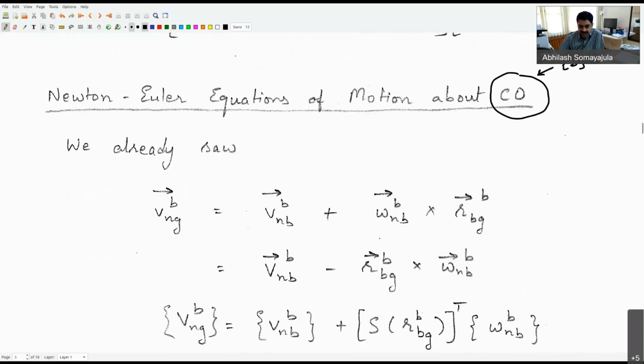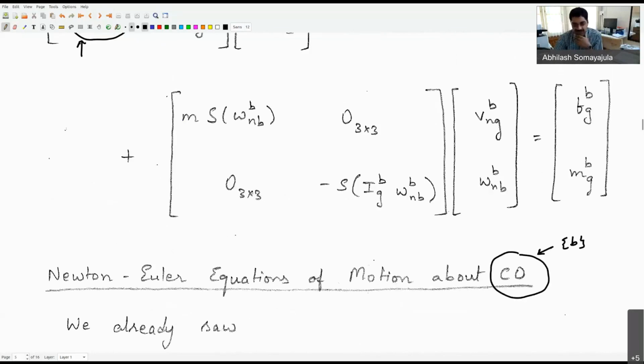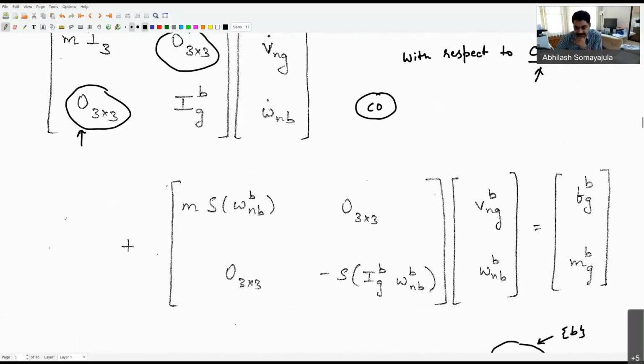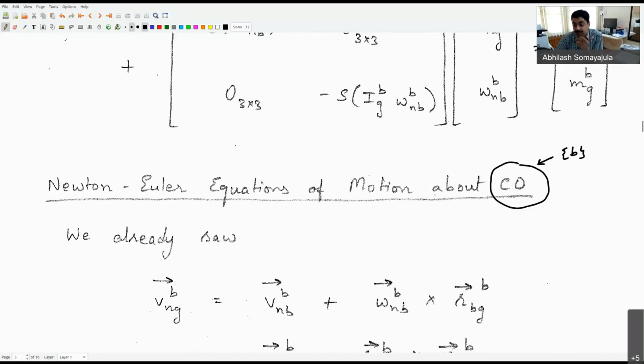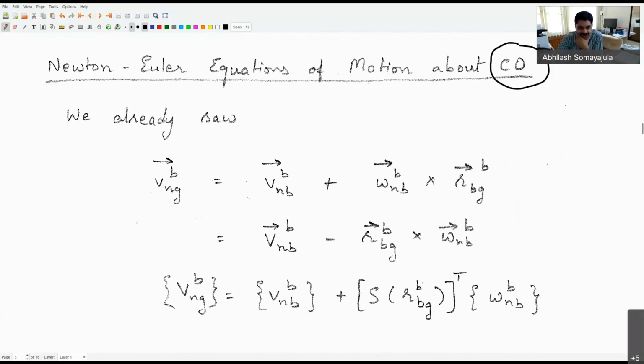All right, so our target today is to look at how we can transform those same equations of motion into ones about the body fixed frame. We already saw that the velocity of the center of gravity with respect to the NED frame expressed in the B frame is given as V_nb^b plus omega_nb^b cross r_bg^b, where this is the position vector of the center of gravity with respect to the body fixed frame's origin expressed in the B frame.